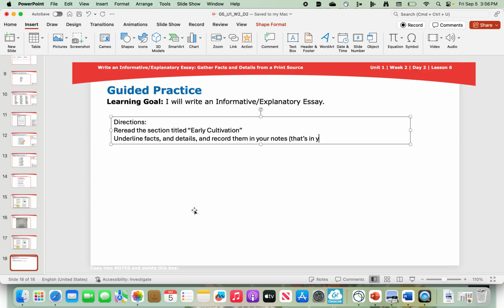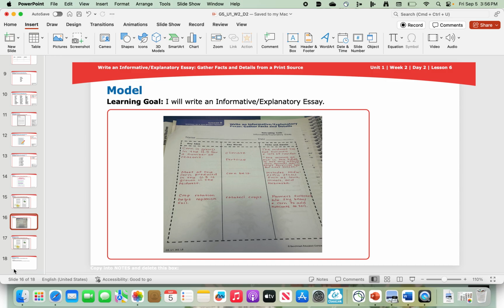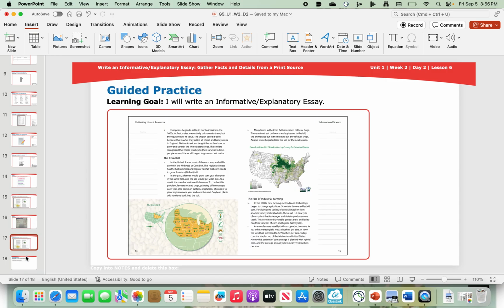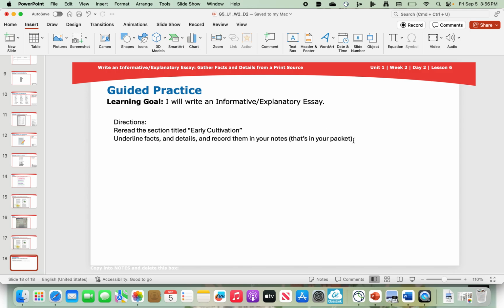That's in your packet. So that's in the packet that I gave you. It looks like this, okay? But you are not writing this. You're doing your own, which is what I am telling you to do right now. And that's it. Okay? So do exactly what I did, except you're doing it with the section titled Early Cultivation.